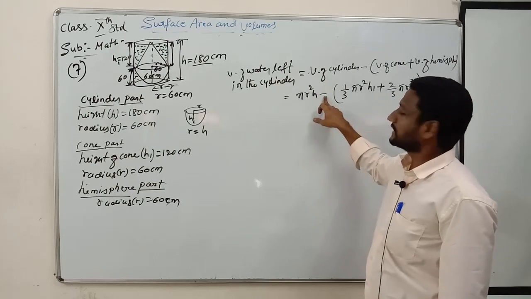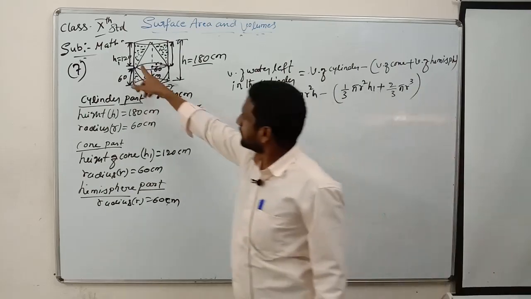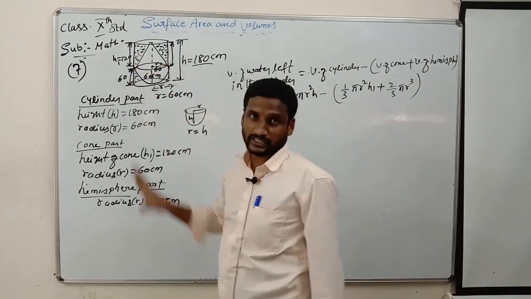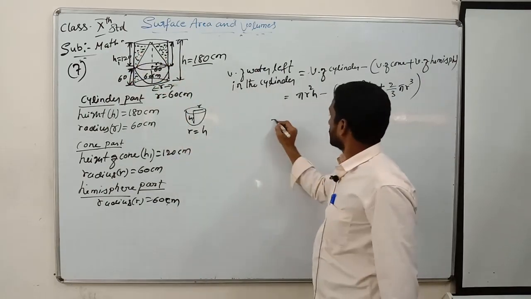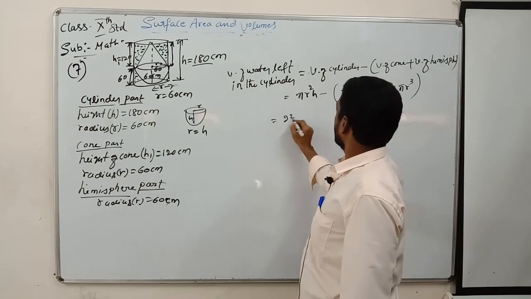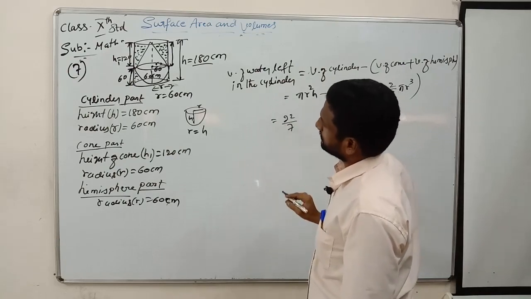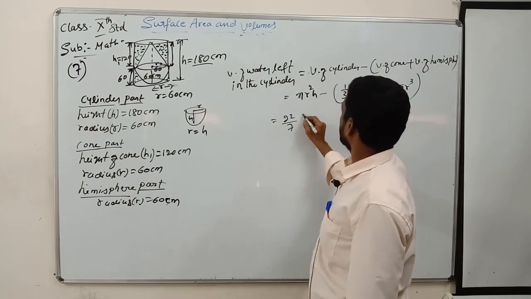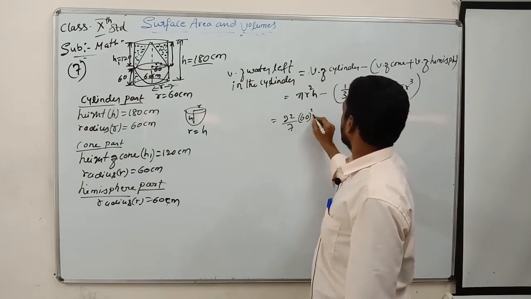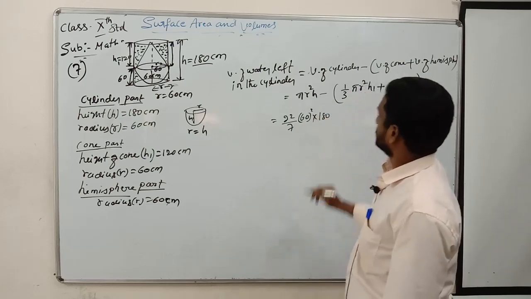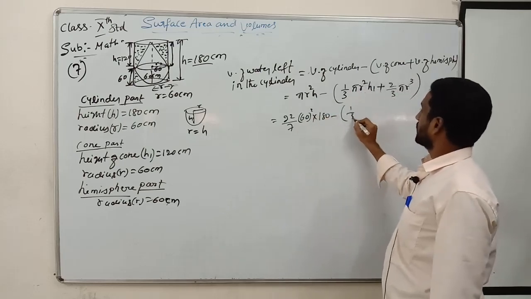You have to subtract that from the cylinder. Then you will know how much space is left and how much water is in it. So look here, pi value is 22 by 7. The radius is the same, 60 centimeter, so 60 square. The cylinder height is 180 centimeter, minus 1 by 3.